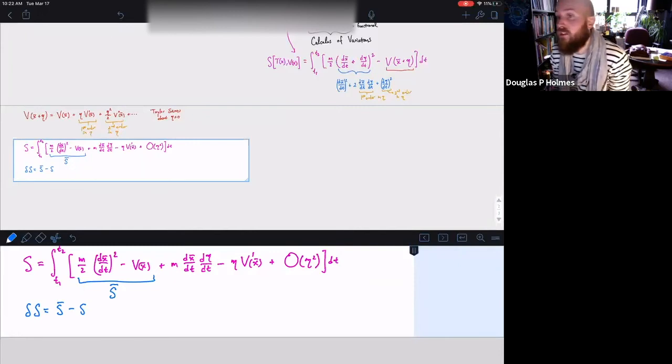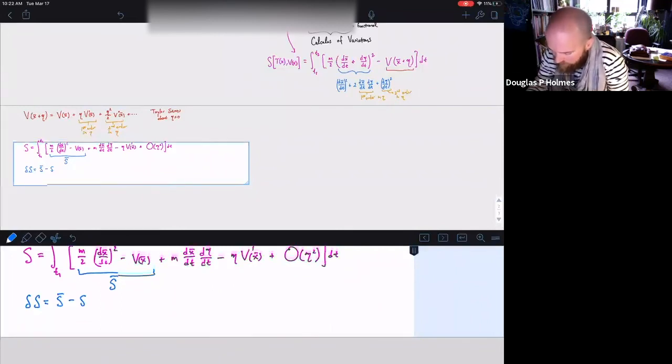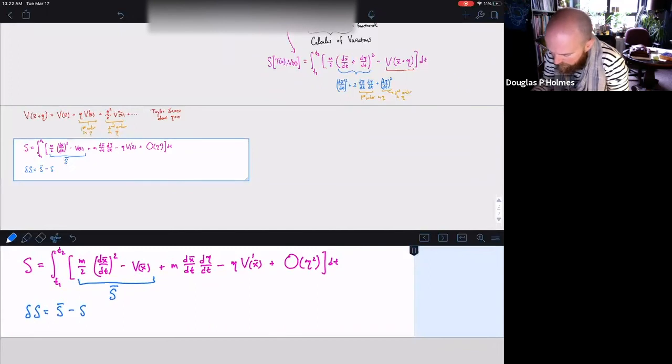The second variation would only include the eta squareds. The third variation would include the eta cubes, and so on. All right. So now the first variation is equal to this integral from T1 to T2. I'm going to move that out of the way for you all. So hold on.